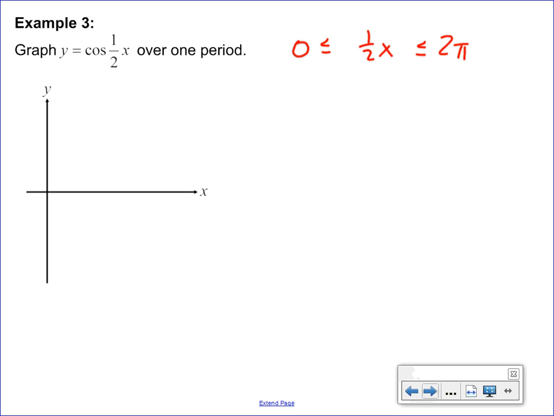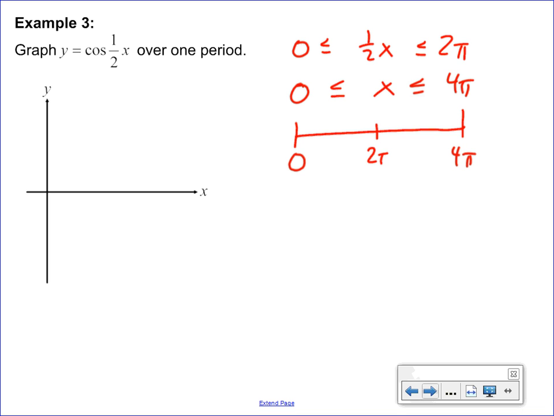Multiply by 2. 2 times 0 is 0, x, and then 4 pi. So 0 to 4 pi is my period. 0 plus 4 divided by 2, 2 pi. So 2 pi is in the middle.